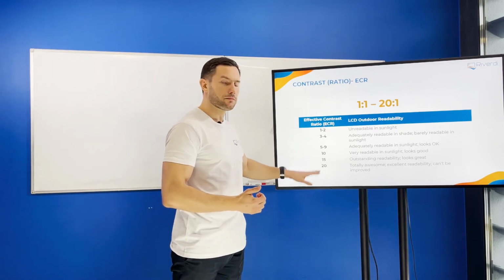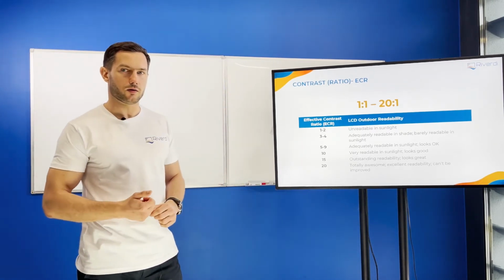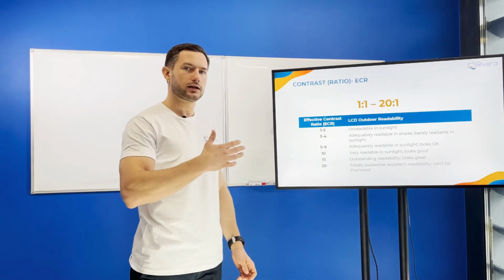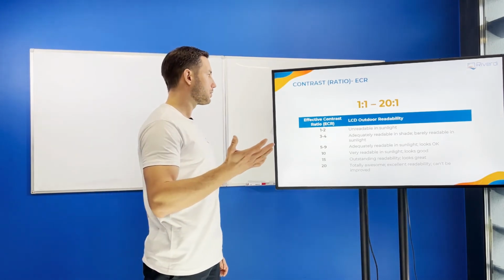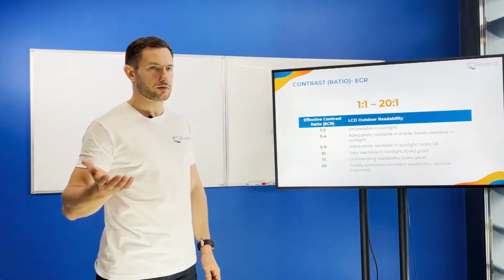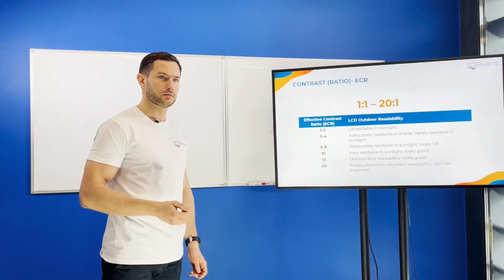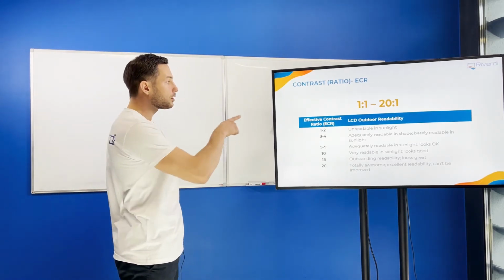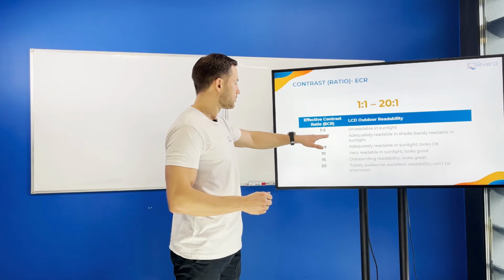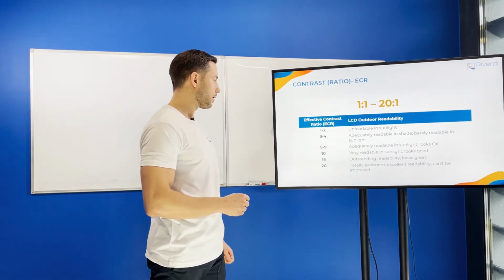So here we have some numbers, and as you see, they are very low, compared to the datasheet that we have seen before, it was like 1 to 500, or I even told you 1 to 1 million from a TV specification. And here we have only 1 to 2 or 3, 4, and up to 20.